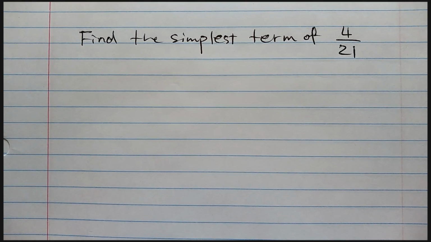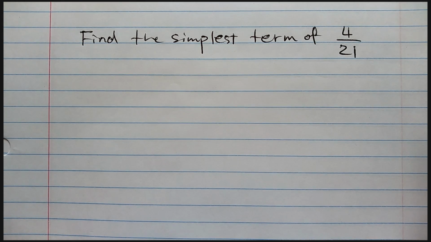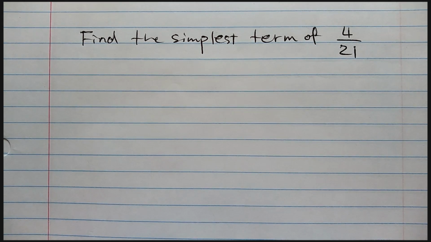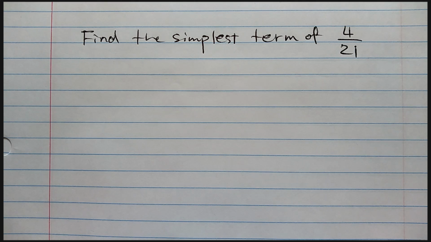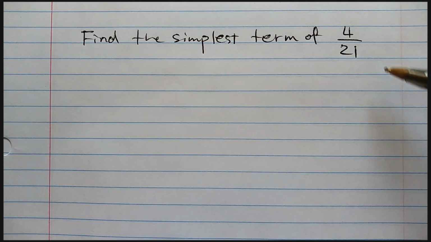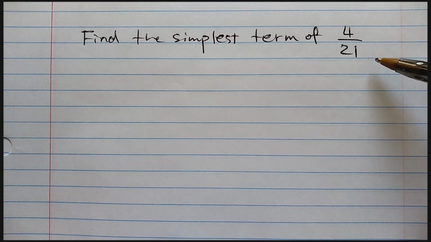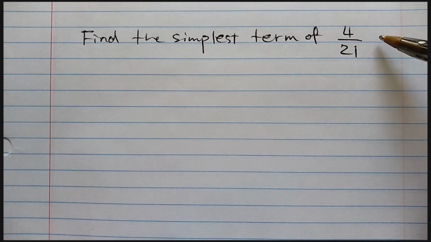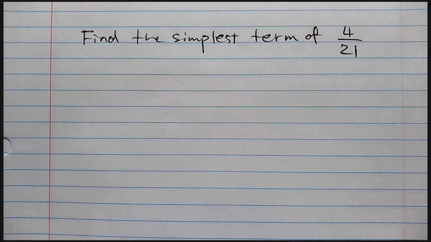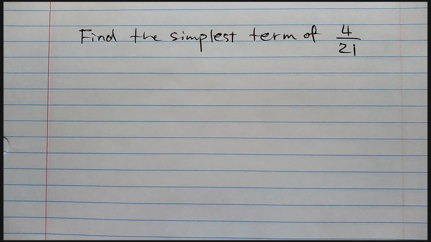What is the simplest term of 4 over 21? We have to find the greatest common factor to reduce this fraction. Can you think of a number that divides both numbers? 2 can divide 4, but not 21. 3 can divide 21, but not 4. And 21 is not a multiple of 4. So there are no other common factors except 1.